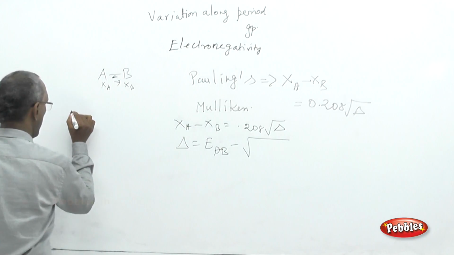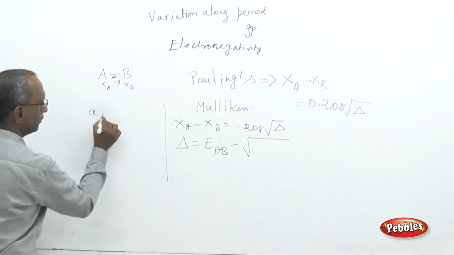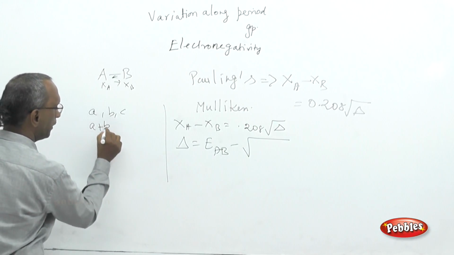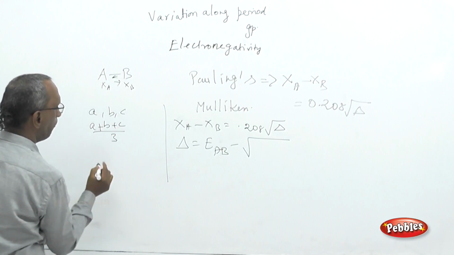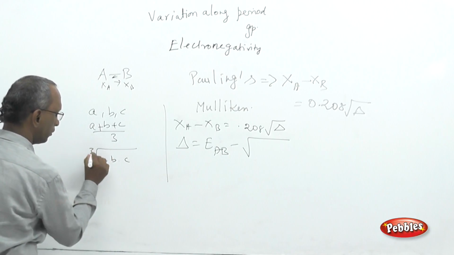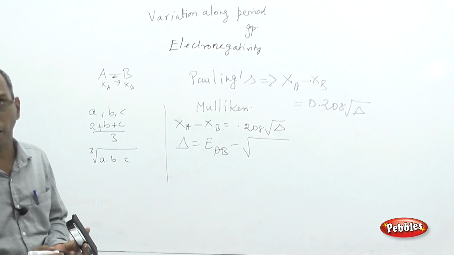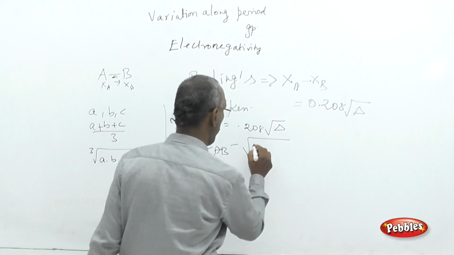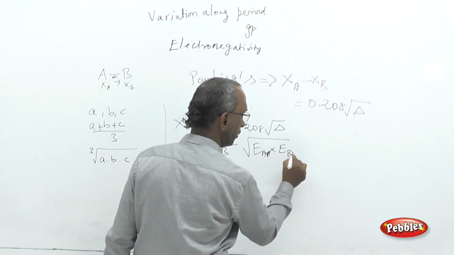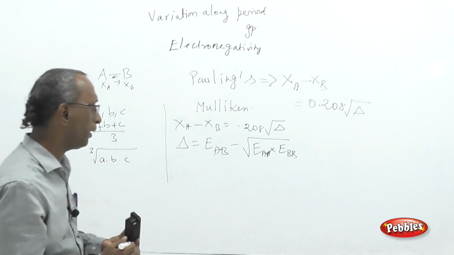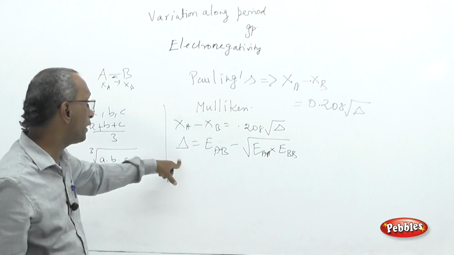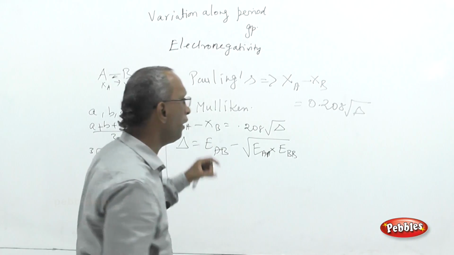For example, if you have three terms A, B, C, the arithmetic mean is A plus B plus C by 3, but the geometric mean is A into B into C whole cube root. Here also, the geometric mean of EAA and EBB: two terms are there, their product followed by square root. This is called the geometric mean, and this delta has to be found.